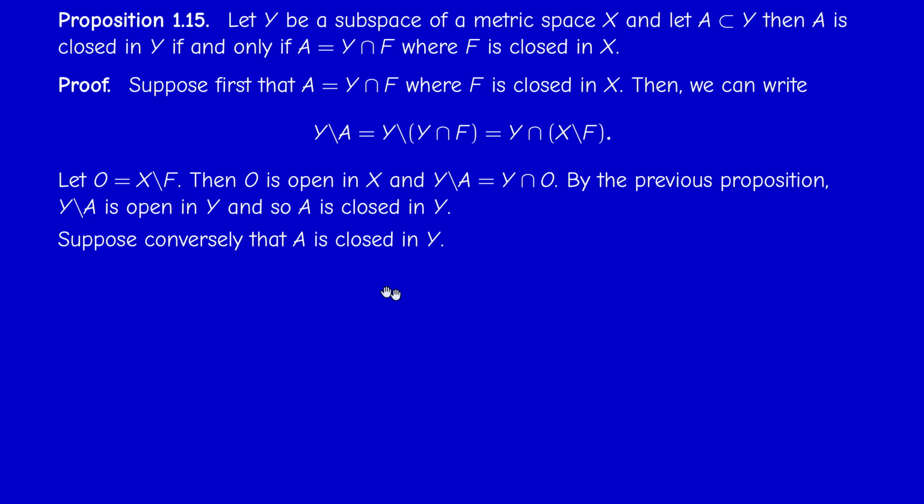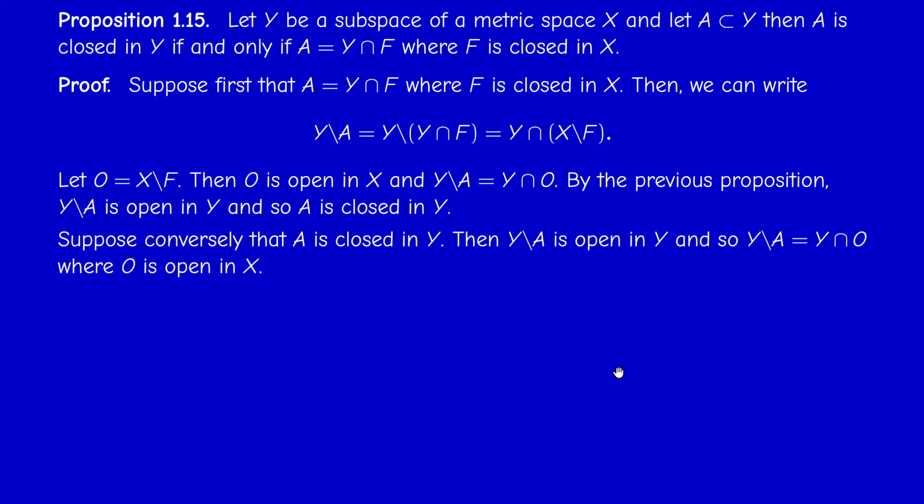Conversely, suppose that A is closed in Y. We want to write A as the intersection of Y and F. I deduce this from the previous proposition. If A is closed in Y, then the complement of A in Y is by definition open in Y. So we can write Y without A as Y intersected with O, by the previous proposition.